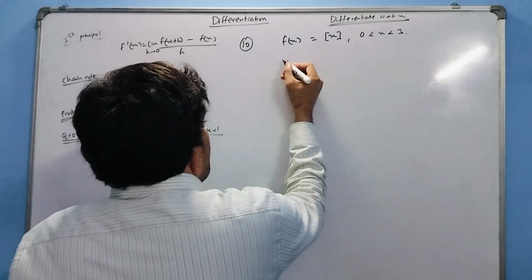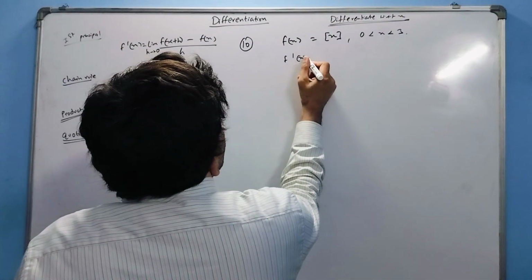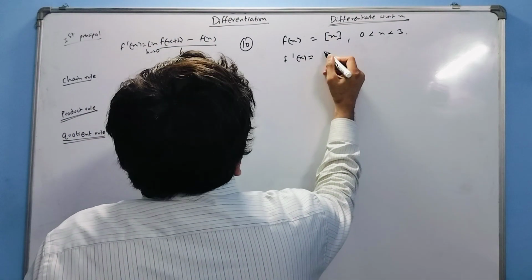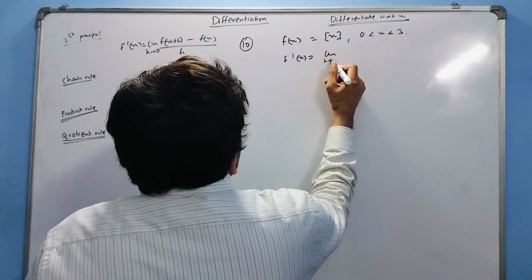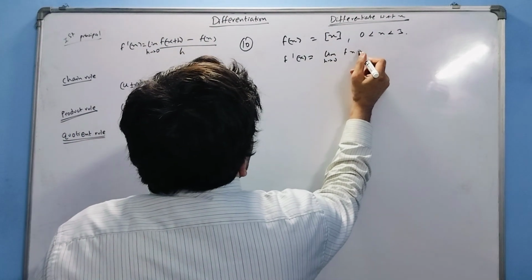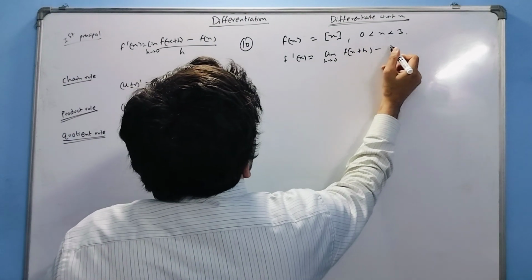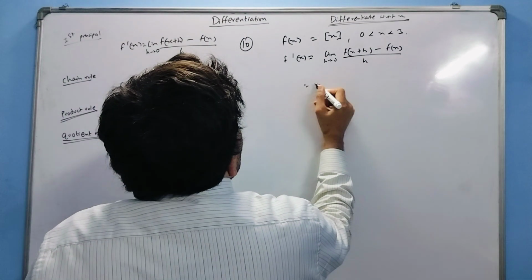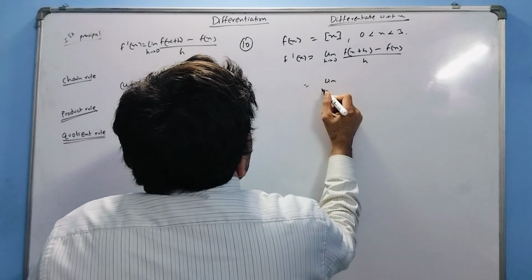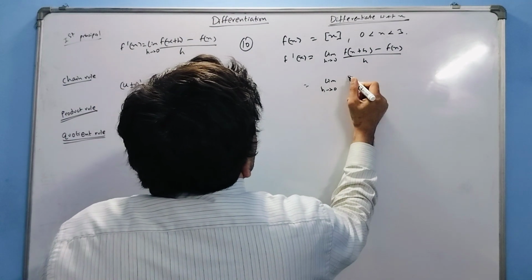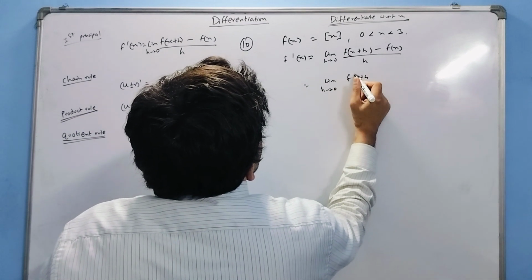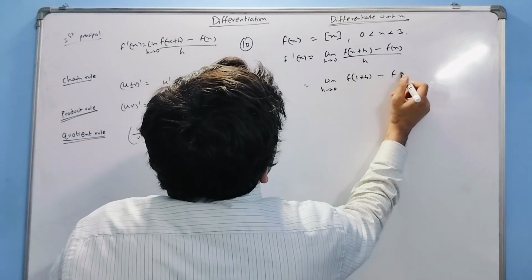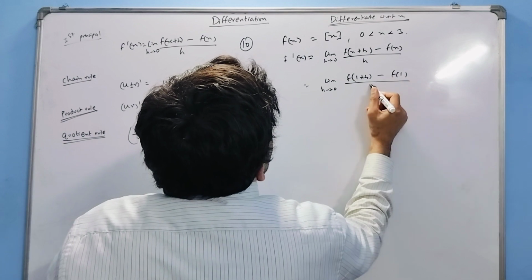Okay, so we'll apply the first principle here. Limit h tends to 0, we have f of x plus h minus f of x upon h. Now we'll apply h tends to 0, f of 1 plus h minus f of 1 upon h.